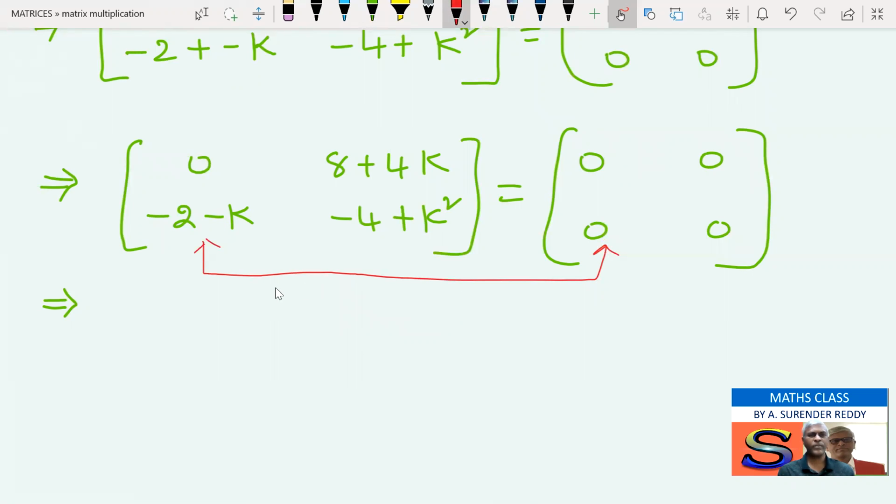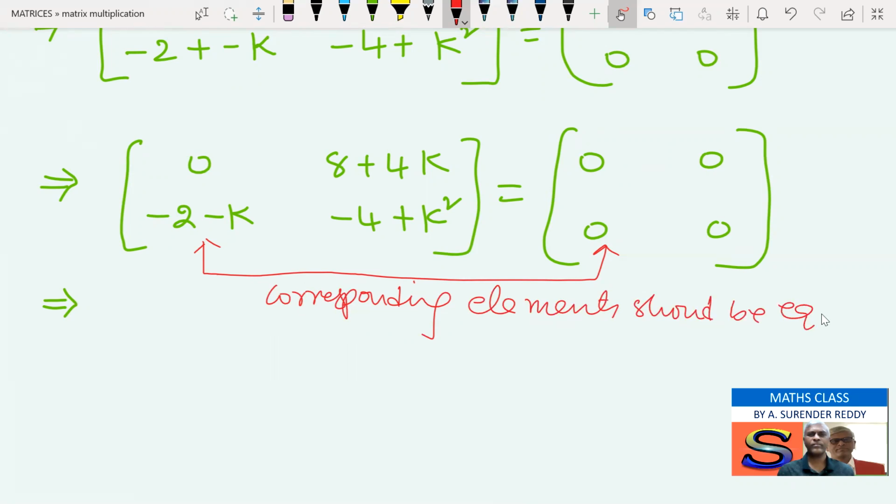These corresponding elements should be equal. So this minus 2k minus 2 minus k is equal to 0.